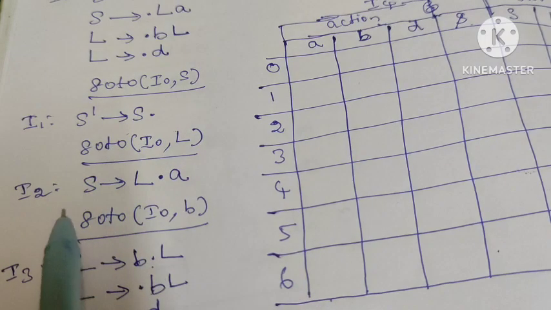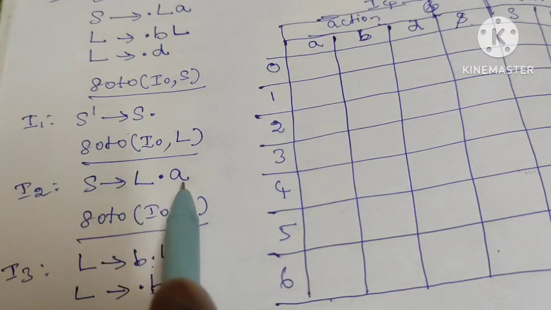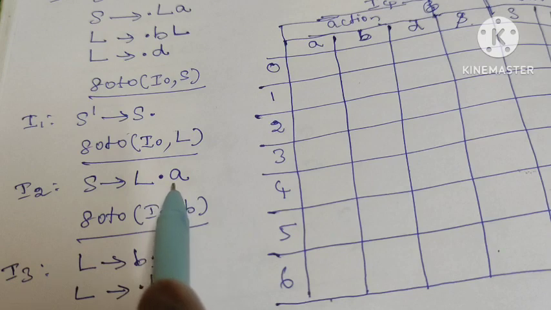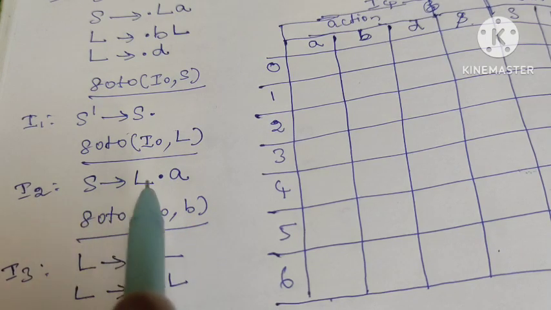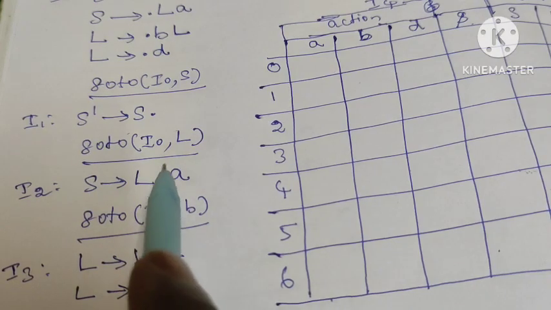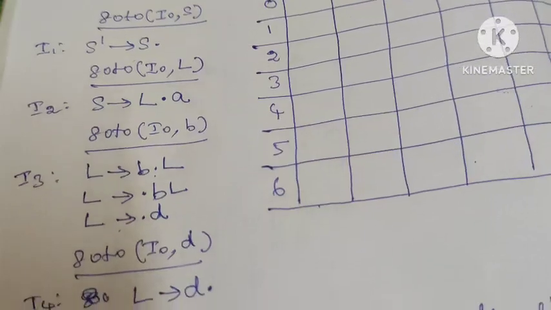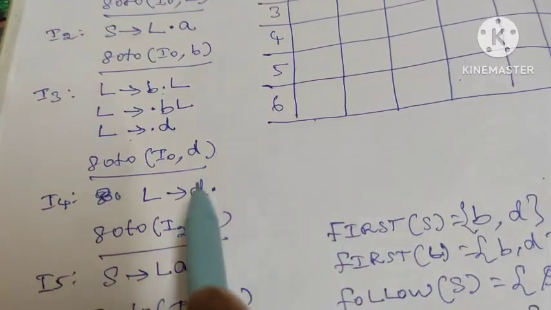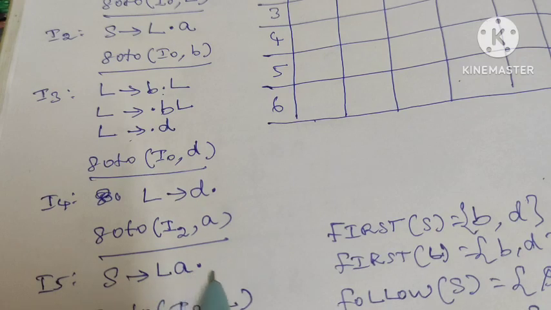Now when we come to item set 2, we can see a dot before A. So what we have to do is process this dot before A. So we will write go to of item set 2 comma A. When we place this dot one step on the right, it will become LA dot. Now it has been written as S tends to LA dot.